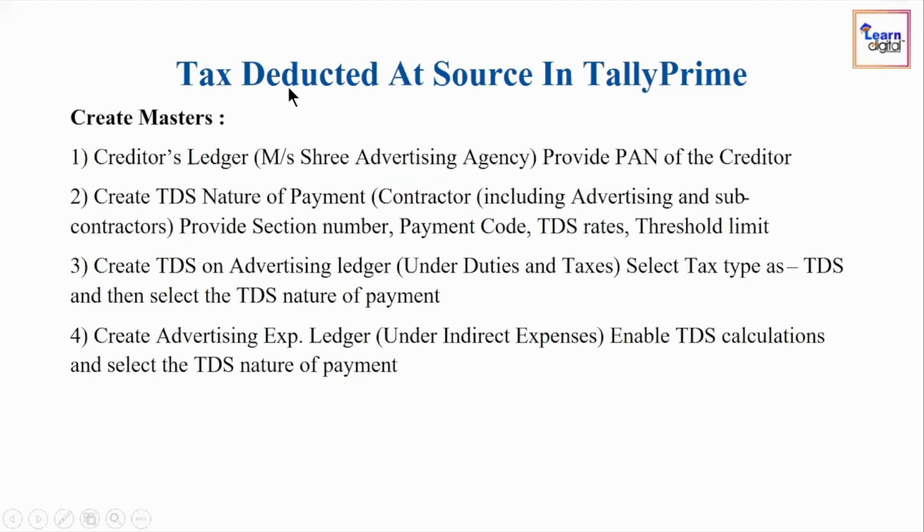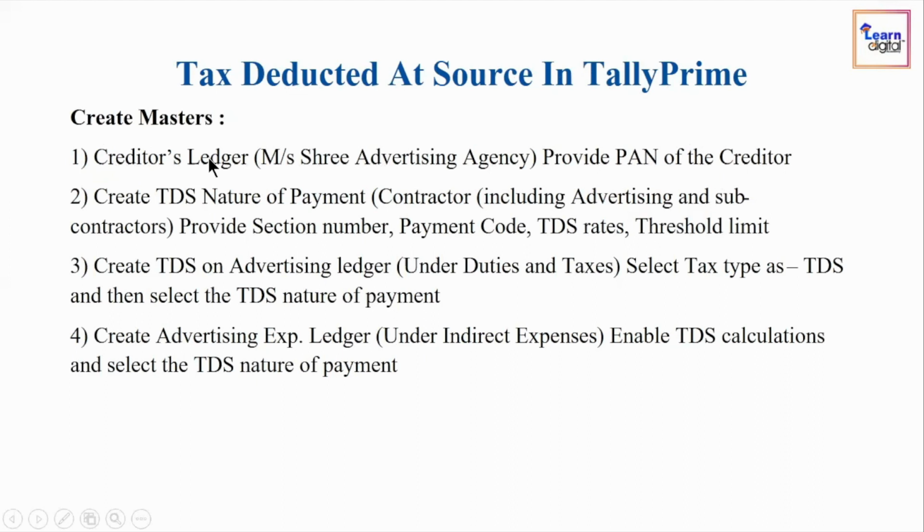So TDS deducted at source in TallyPrime. So create masters. First we will create the creditor's ledger in which we will provide the PAN details of the creditor and GST details also. But important is the PAN number of the creditor, and that is provided in the example.